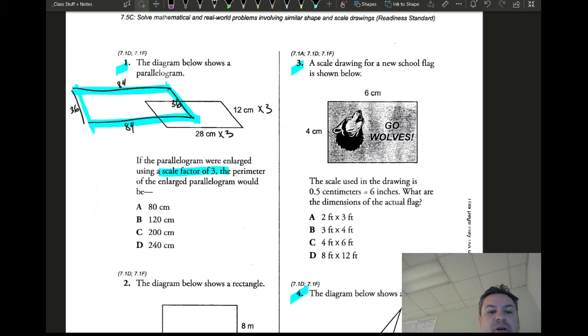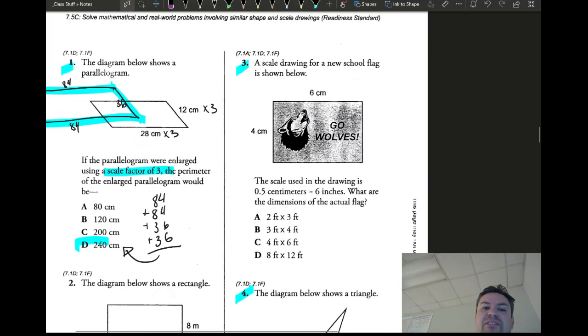And to find the perimeter of the new one, all I gotta do is add them all up. So 84 plus 84 plus 36 plus 36 gives me 240, which is going to be my answer. When the scale factor is a whole number, all you gotta do is multiply it.